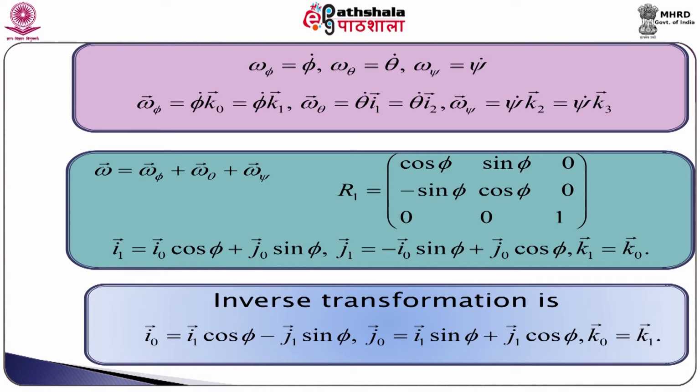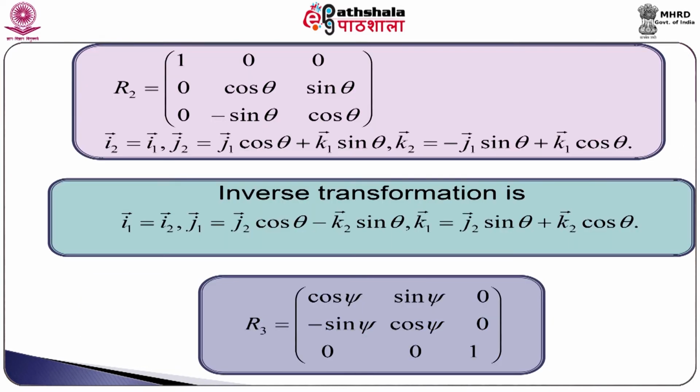Thus, omega vector is given by omega_phi vector plus omega_theta vector plus omega_psi vector. Phi, theta and psi are in suffixes. Then from equation 9.11 we have the matrix capital R1. From the matrix representation of the transformation we get this matrix.